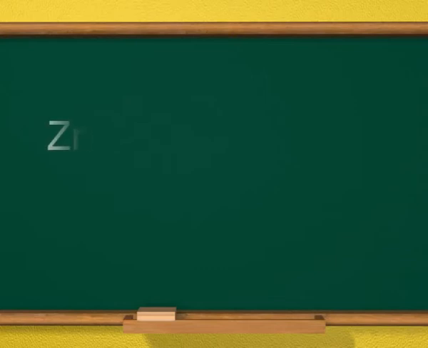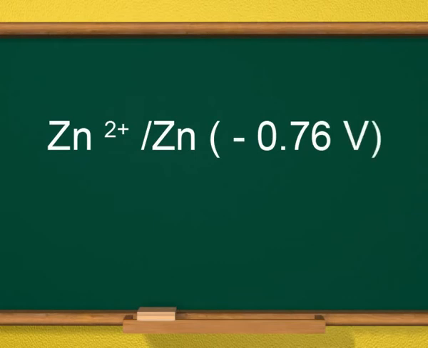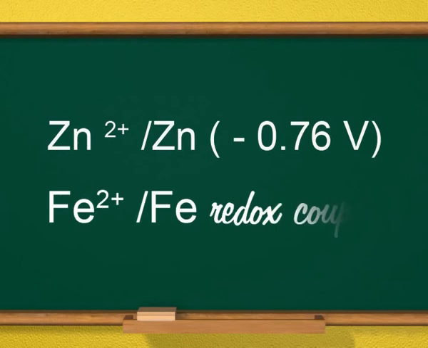The answer is, the standard potential for the reduction reaction couple of zinc ion to zinc is equal to minus 0.76, more negative than that of iron ion to iron redox couple. Therefore, zinc is more reactive than iron and hence reduction will be faster if zinc scraps are used. But zinc is a costlier metal than iron, so using iron scraps would be more economical.